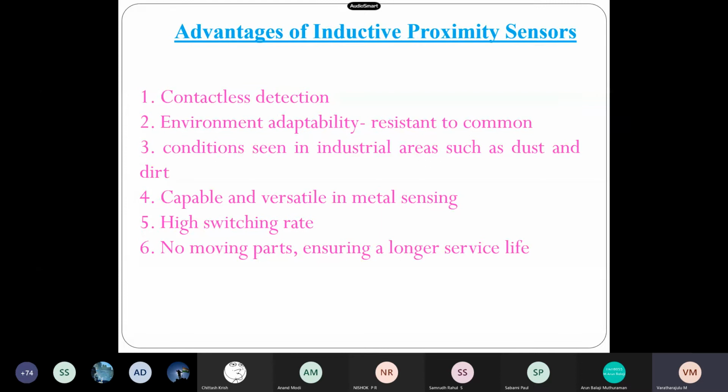And environment adaptability, that is resistance to common conditions in the industrial area, such as dust and dirt. Even in those conditions it may work very smoothly, capable and versatile in metal sensing. The switching rate is very high, and as I said, due to non-contact detection, there are no moving parts, ensuring a longer service life.